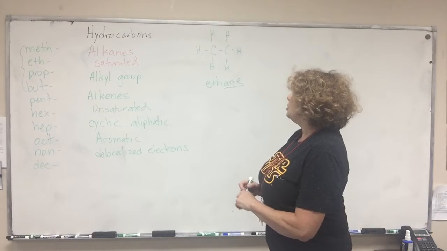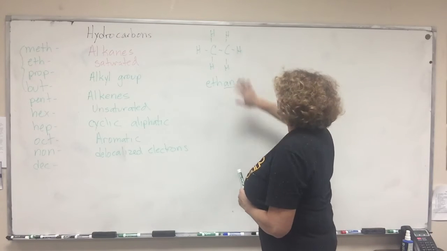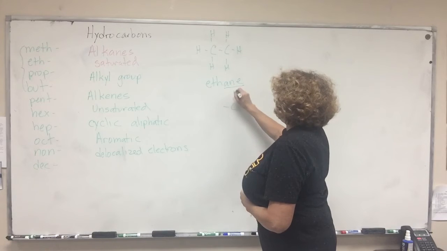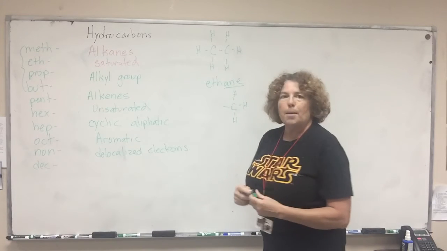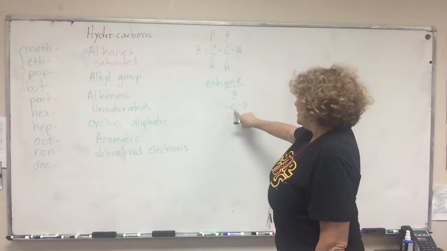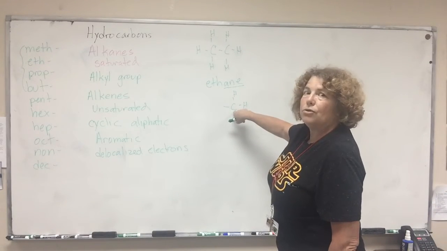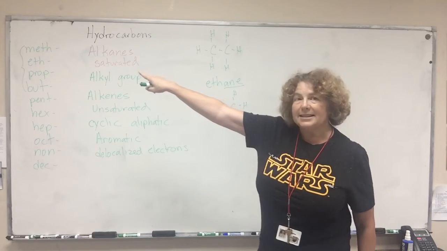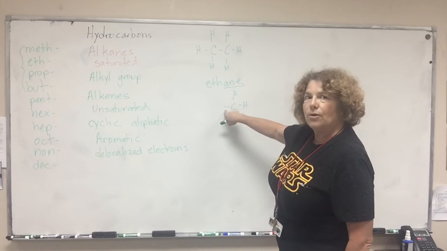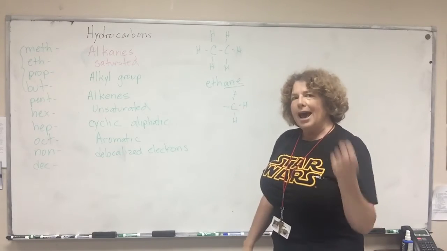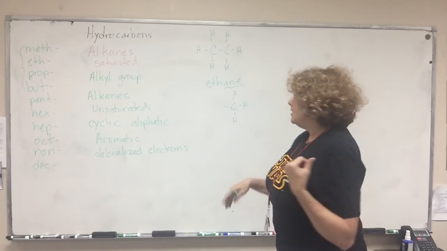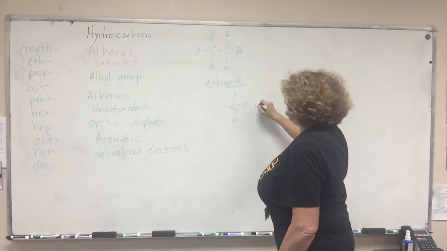Let's say I wanted to stick a group onto another big hydrocarbon: it is a methyl group, because meth is a single carbon and it can be attached to another hydrocarbon.